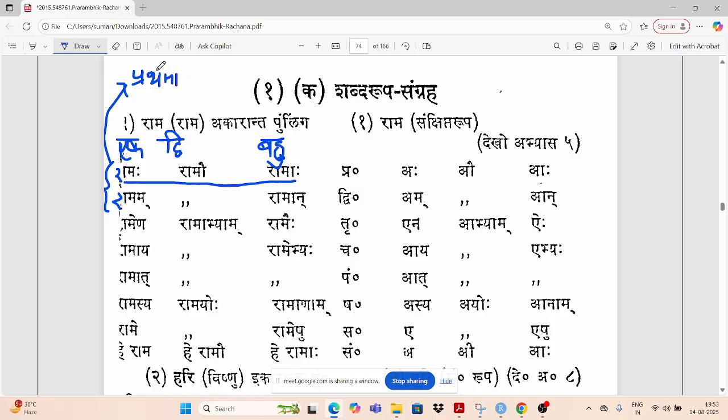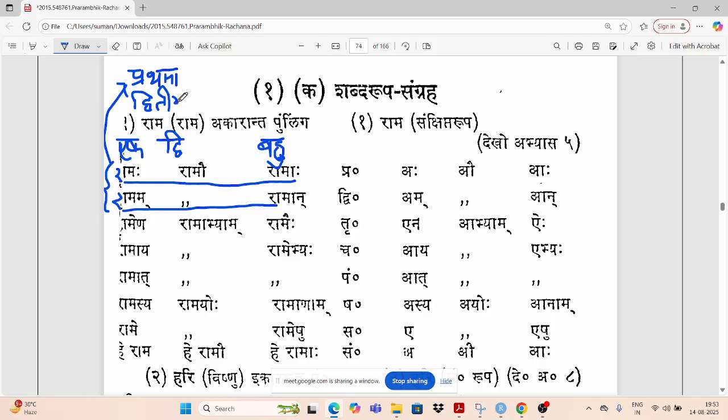And the second row under this curly bracket represents Dvitiya Vibhakti. We will come to what it means quickly. So, we have a Kriya, an action, in any sentence.